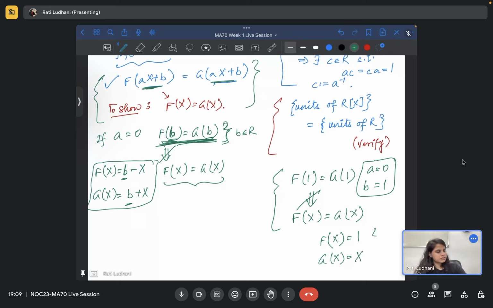Let's say this. Then if you take x equals 1, these two polynomials are the same. These two polynomials satisfy f(1) is equal to g(1), so f(1) is equal to 1 and g(1) is also equal to 1, but this does not imply f(x) is equal to g(x).